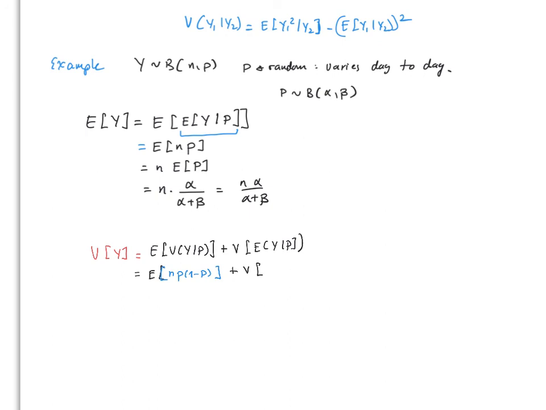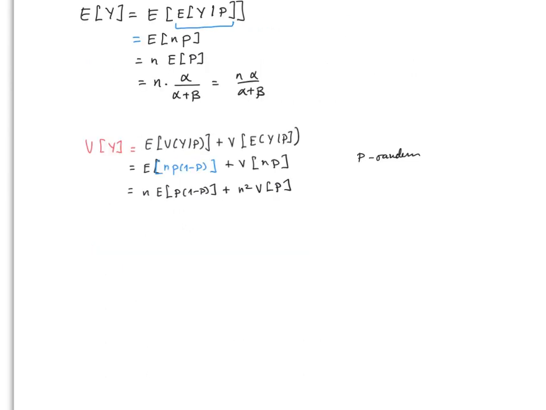So it will be the variance of n times p. So the only one that is still random, remember, p is a random variable. So this will be n, the expected value of p times 1 minus p, plus n squared, the variance of p.